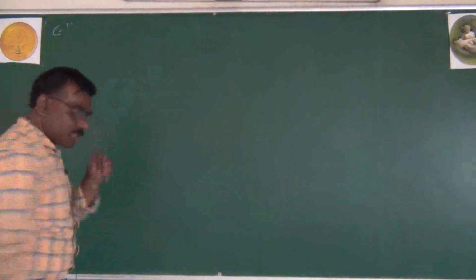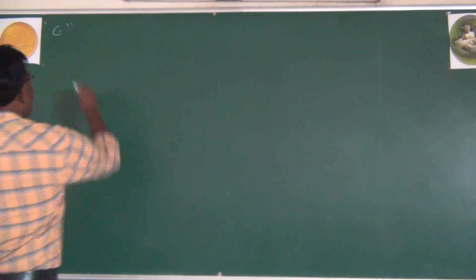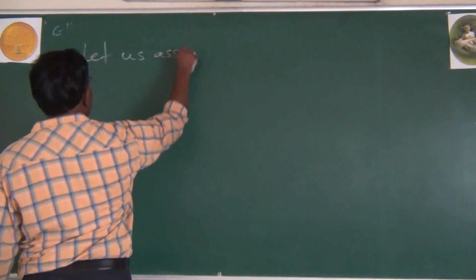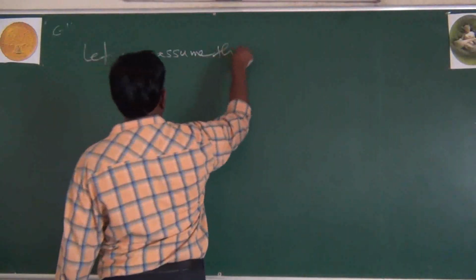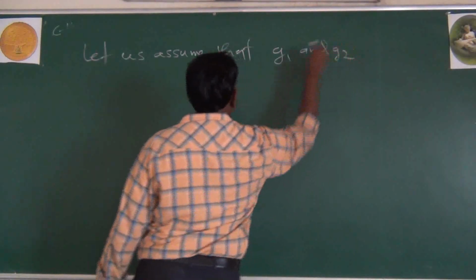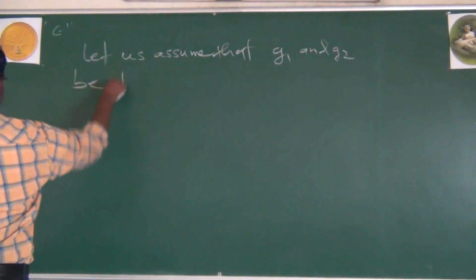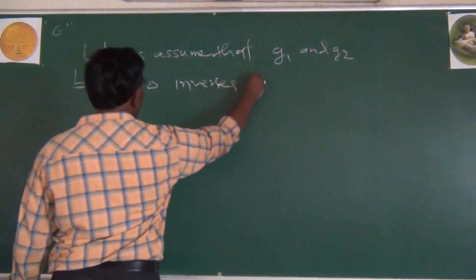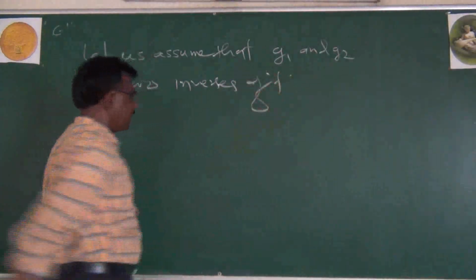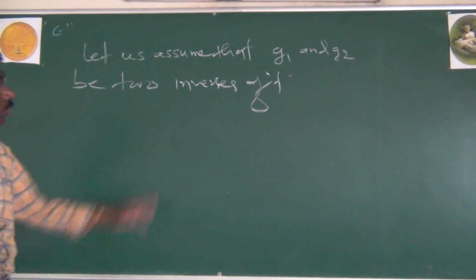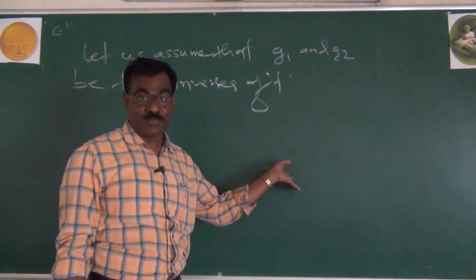Now, f inverse exists means, let us assume that g1 and g2 are two inverses of f. These two are inverses of f.